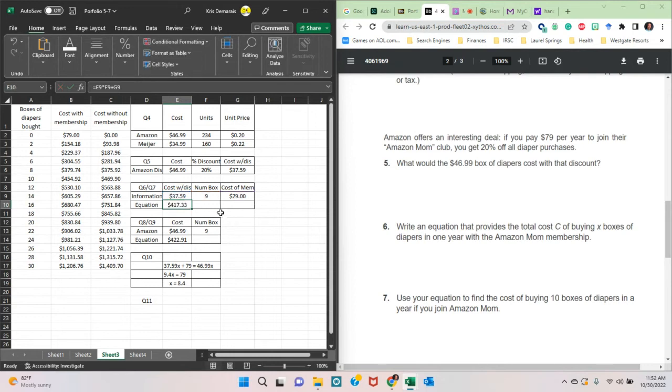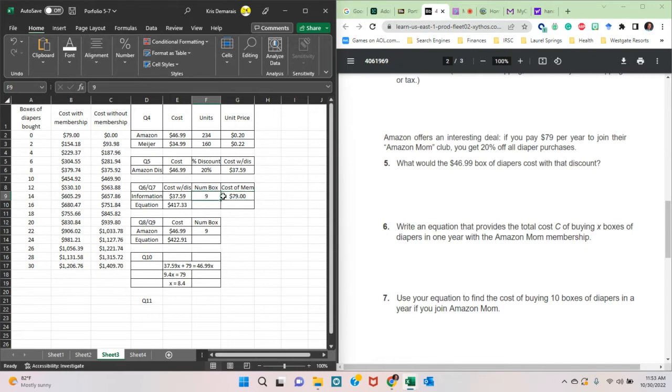And what that comes about, and this is the answer, is that this 37.59 is the same as taking this equation here and making sure it's this value here. And this is the number of units, number of boxes we buy, and what it costs for the membership.